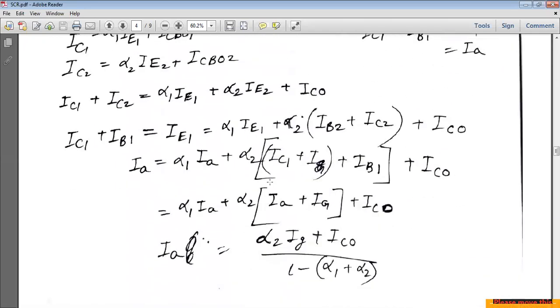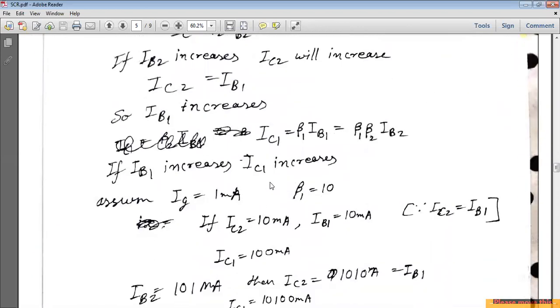Now IC1 is equal to beta 1 IB1, and IB1 equal to beta 2 IB2, so IC1 will be equal to beta 2 beta 1 IB2. So if IB1 increases, IC1 also increases.